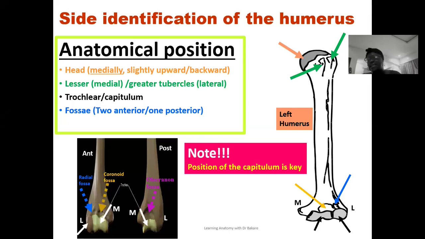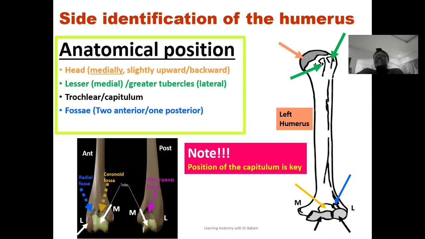Let's take a look at this image. This is where we say we have the anterior surface because we have two fossae here projected at this lower region. We have the coronoid and also the radial fossae. And if you look at this lateral region, we have the projection that we refer to as the capitulum. If you place this image in its correct anatomical position, you will see that the capitulum is located on the left side.